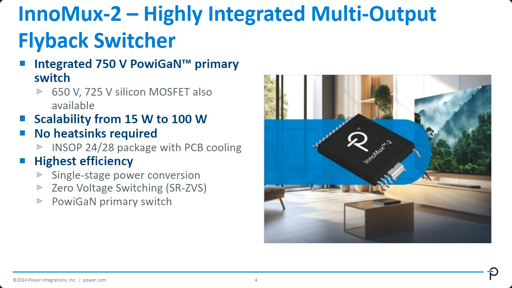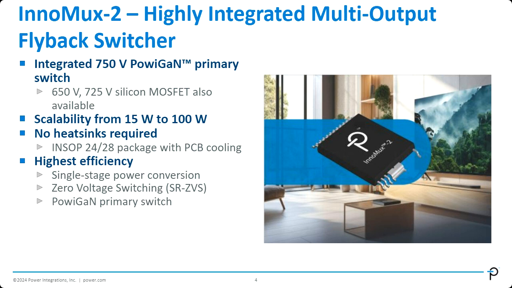Normally, if you want to achieve 0 voltage switching on the primary side switch, we'll have to use active clamp circuit. But in this case, with InnoMux-2, we don't have to use any additional circuitry. We simply leverage the existing SR, synchronous rectifier, on the secondary side to be able to achieve this feature. I'll talk about this in detail about how it works and what the principle looks like in the coming slides, and we can expand on that.